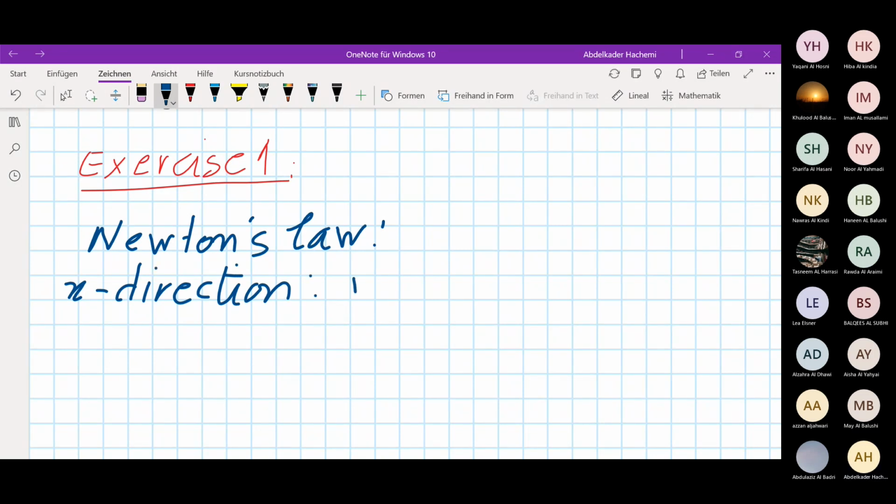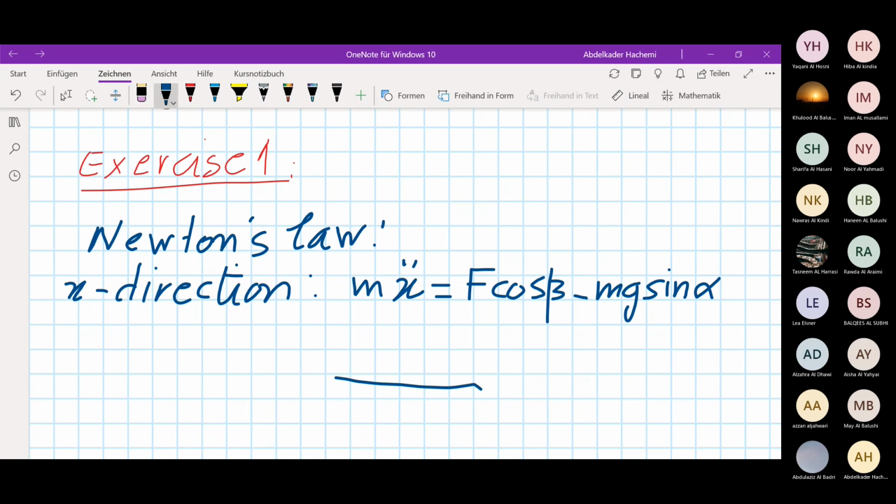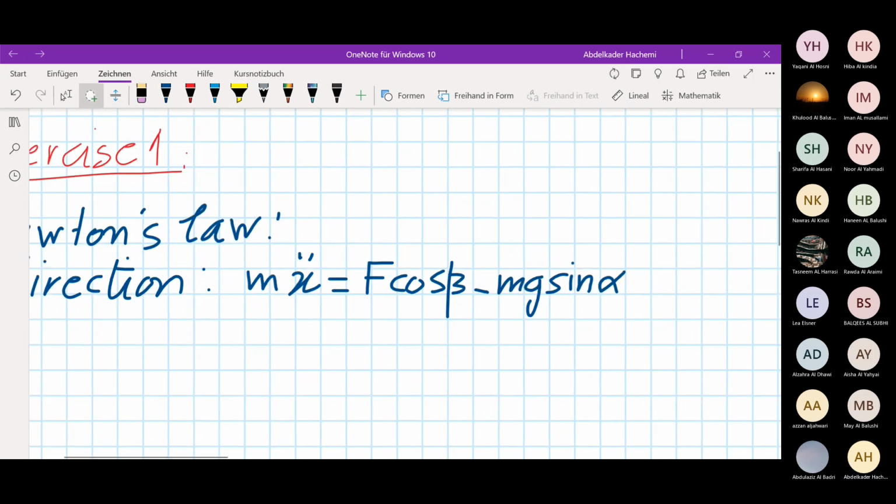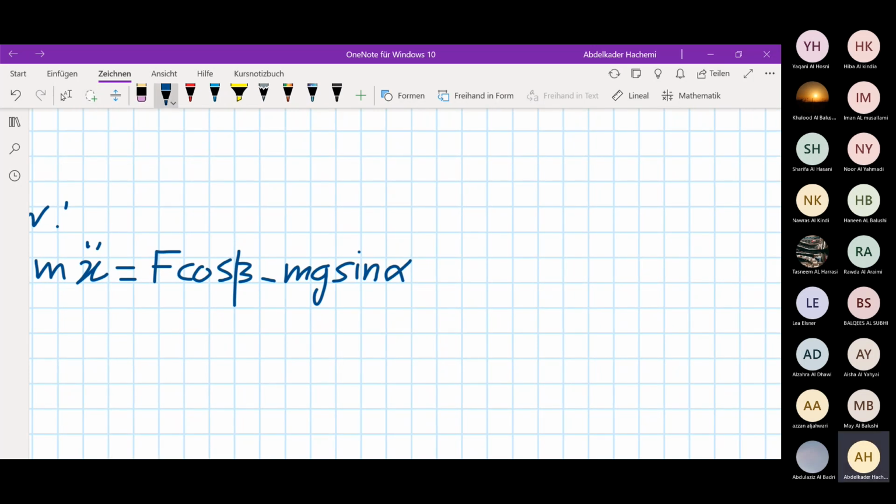We have m x double dot, which is equal to the force F cosine beta, minus mg sine alpha, and minus the frictional force Fr. This is in the X direction.